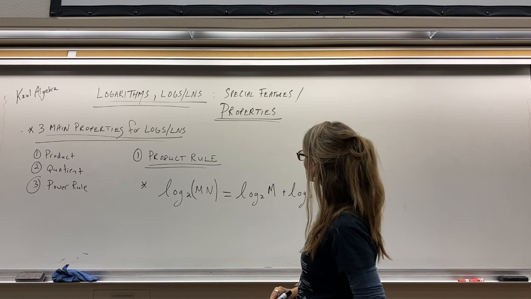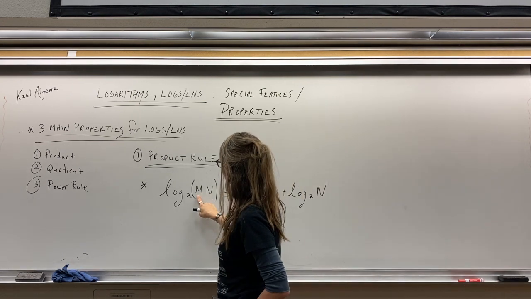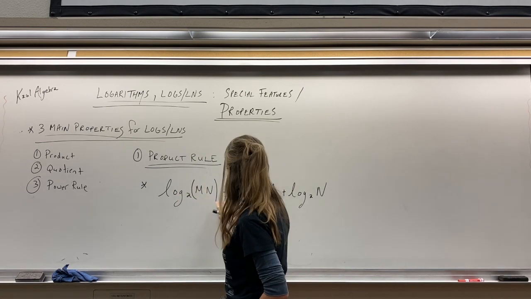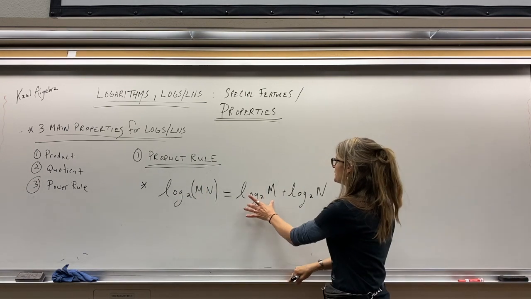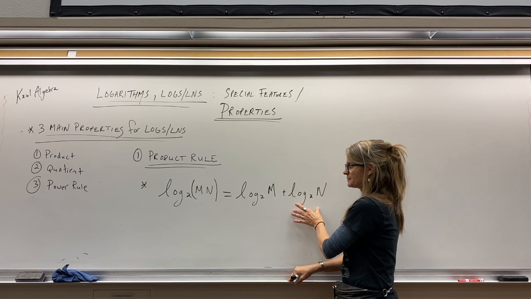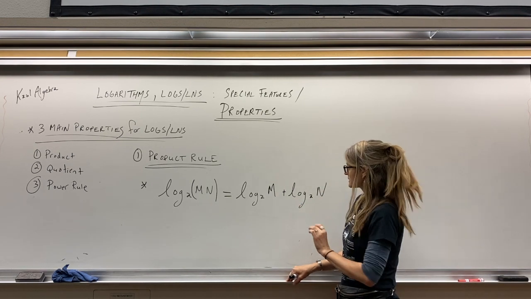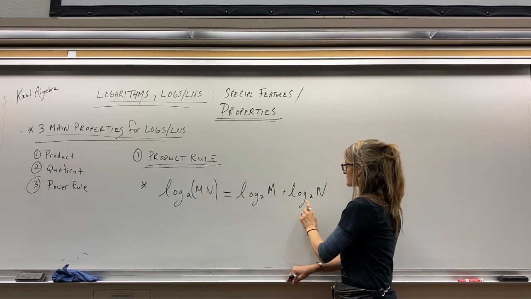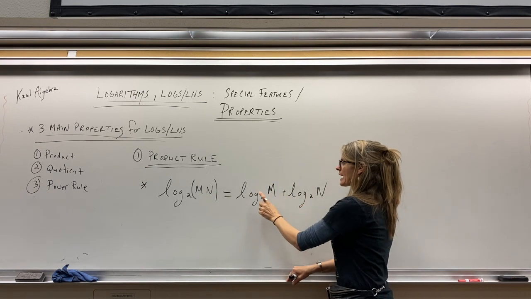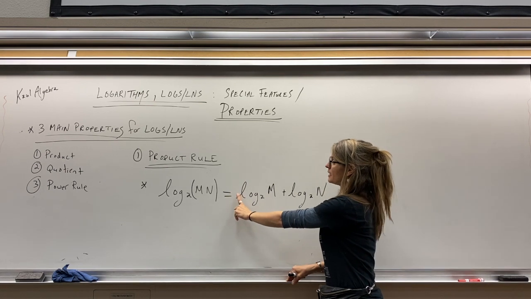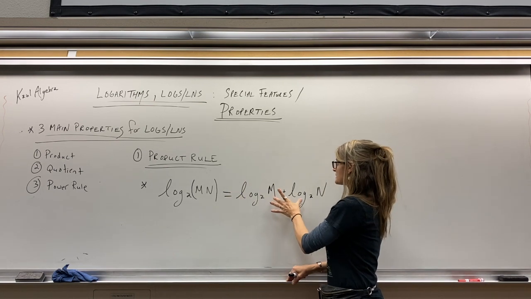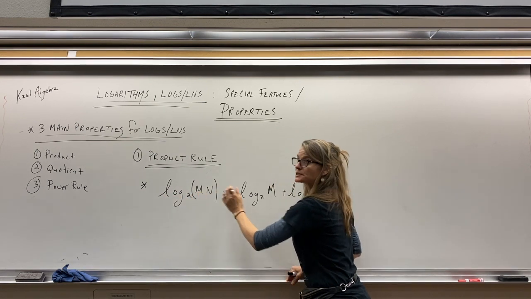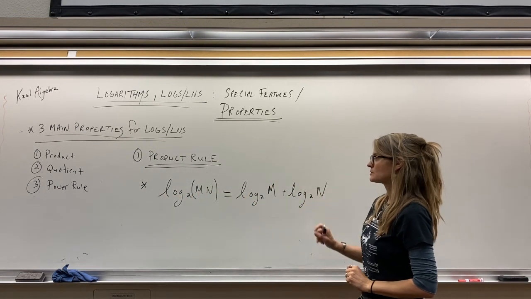So my number one rule is that if I have two items multiplied inside the logarithm, in the argument, then I could separate them into addition units. Or, the other way to think about it is, if I have two separate logarithms with the same base and they're being added, then it's the same as combining them into one log and multiplying the insides of those logs.